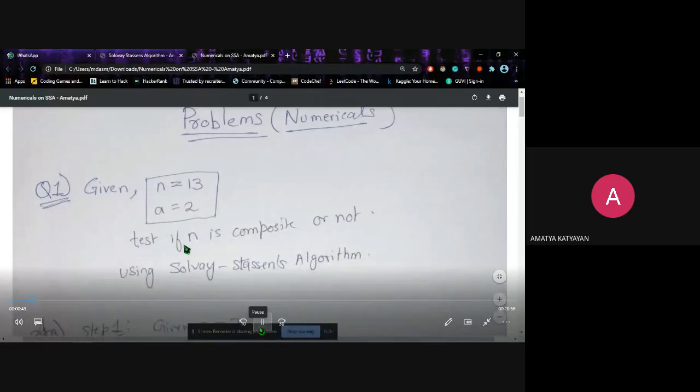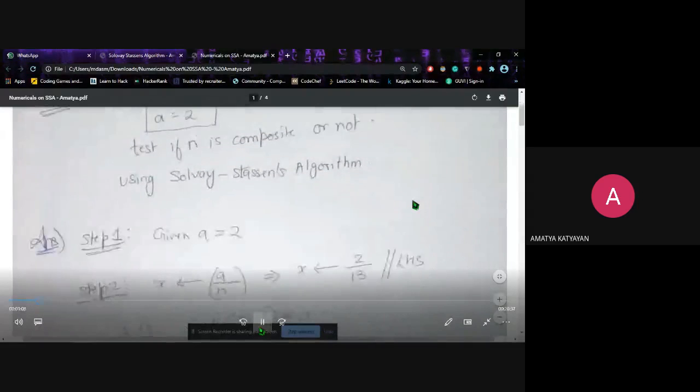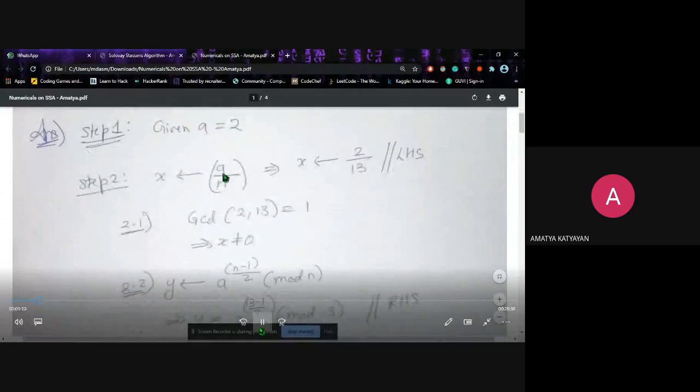Now coming to the question, we are given the value of n as 13 and the value of a as 2. We need to test if n is composite or not using the Solovay-Strassen algorithm. Here is our answer according to the algorithm.